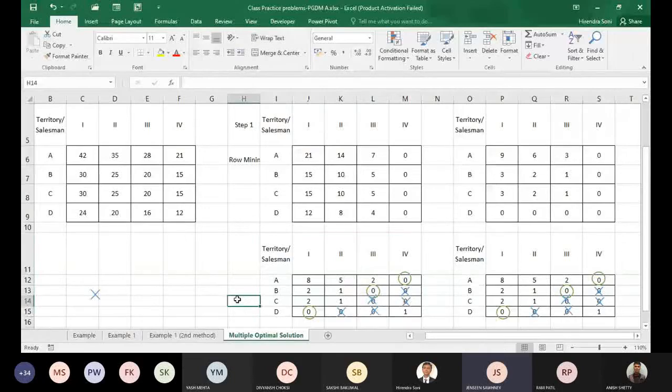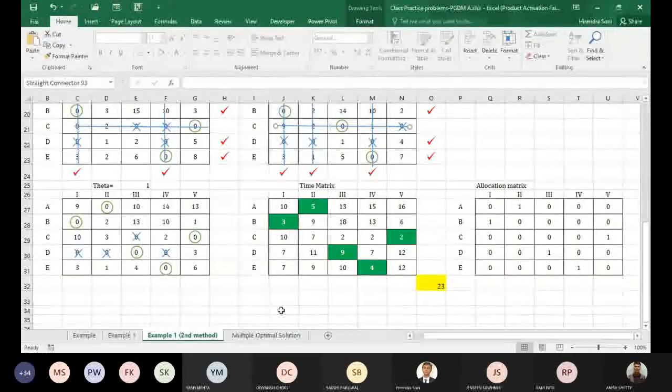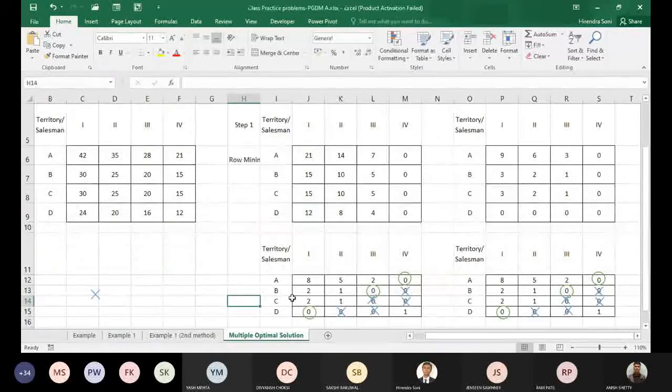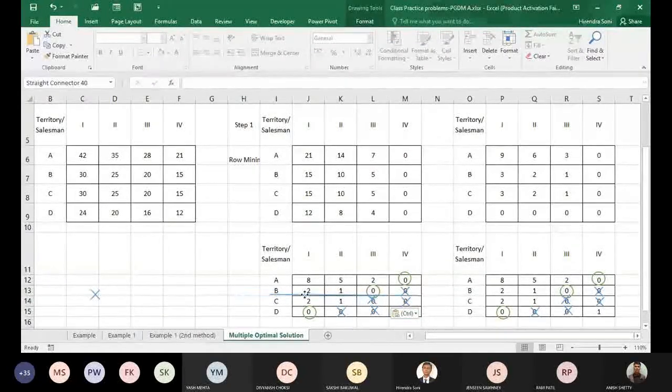So again, we'll work around. Theta equals to 1. Before that, we need to cover all the zeros with minimum number of straight lines. Correct? We'll borrow the straight line from here. Three zeros we have in this line, so I have used it.